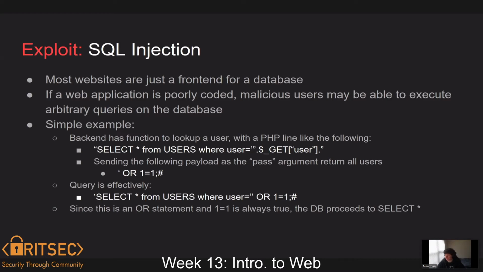One example, slightly different again from the one on the slides, is if you're logging in to a website, you're passing it your username and your password. You send those off to the server, and the server will hopefully run your password through some kind of hashing algorithm and then do a lookup in the database where it's going to select star from users where your username is equal to the username you passed and the password is equal to the hashed password. And it'll look for your user record, and then hopefully it'll find you, and then you'll log in.